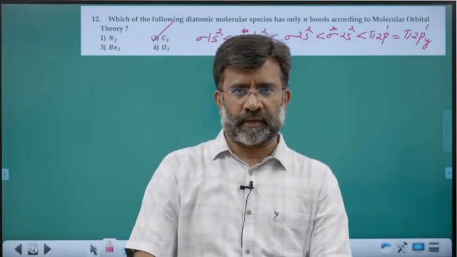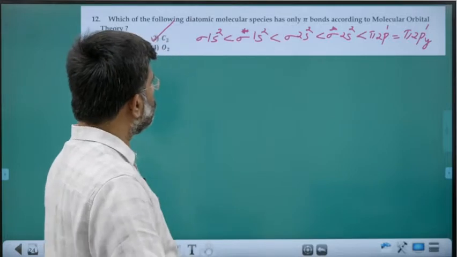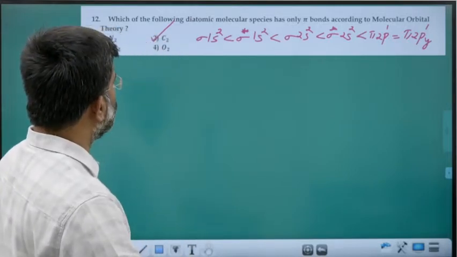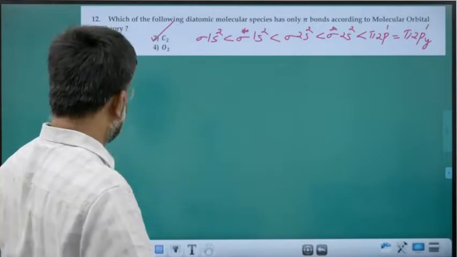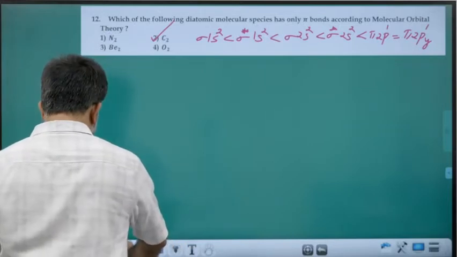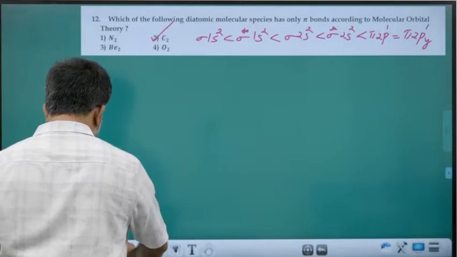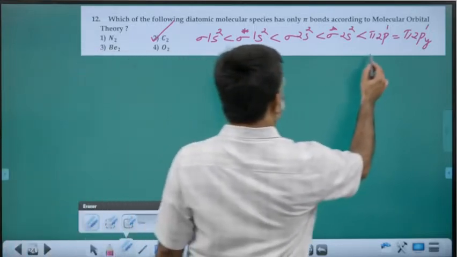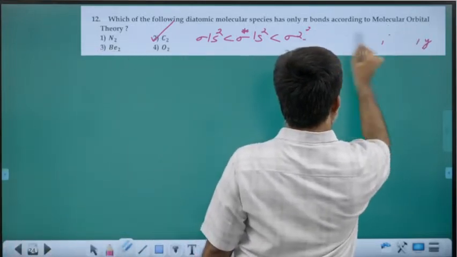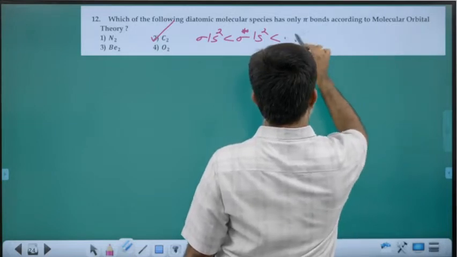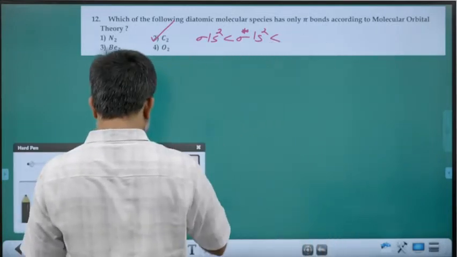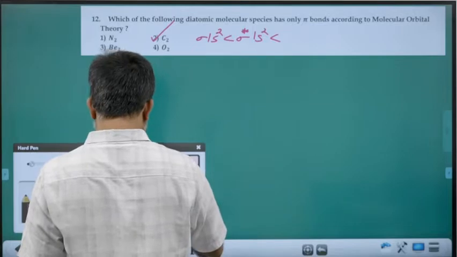That is the configuration, right? But that configuration is written for oxygen. So the configuration I have written is wrong. It has to be inverted. It is the nitrogen configuration.